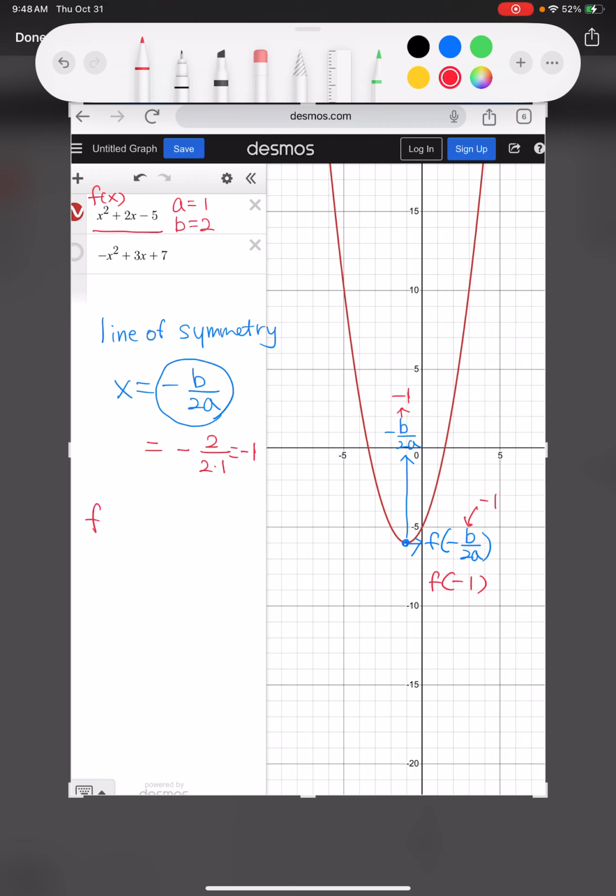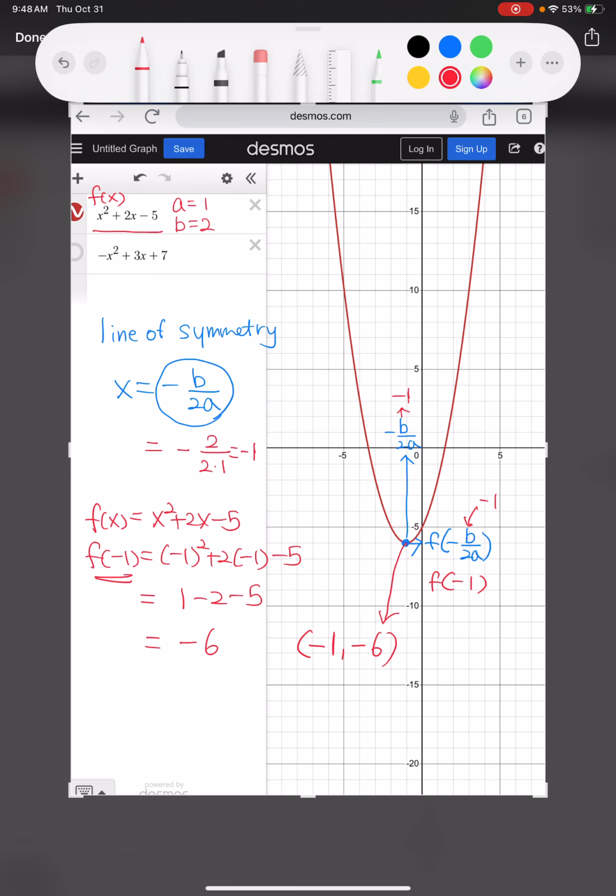Our f of x is x squared plus 2x minus 5. So f of minus 1 equals minus 1 squared plus 2 times negative 1 minus 5. This is 1 minus 2 minus 5, so you have minus 6. So for this vertex point, your x value is minus 1, and its y value is minus 6.